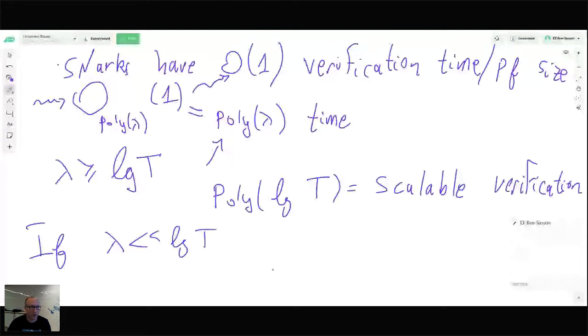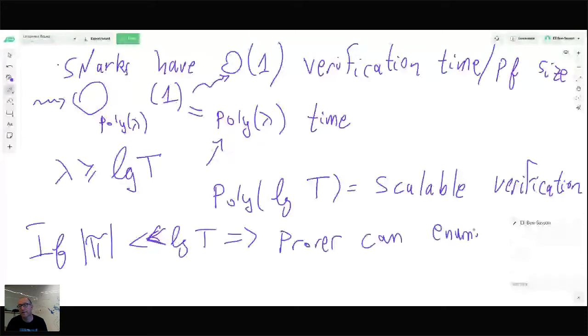Sorry, I meant to say, if the length of the proof is less than log t, if the amount of information being sent is much less than log t, then the prover can enumerate and find a faulty proof of any statement.